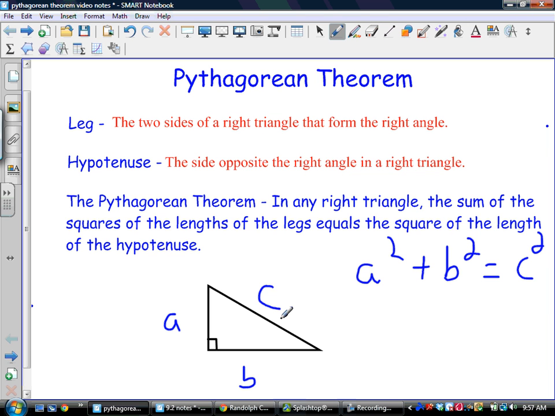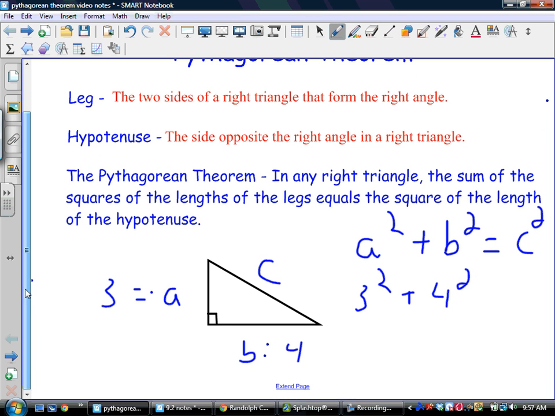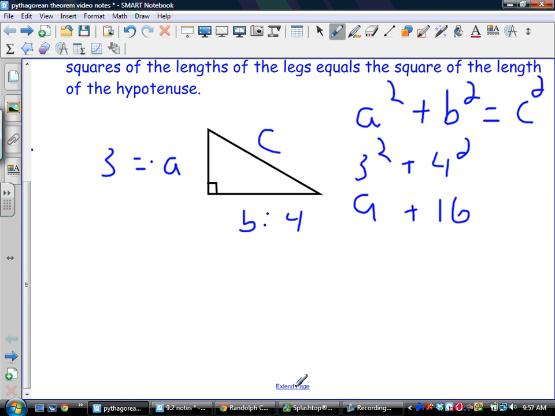So, in other words, let's say that A was 3, and B was 4, then that would say that 3 squared plus 4 squared should equal C squared. Well, 3 squared we know is 9, 4 squared we know is 16, and 9 plus 16 is 25.